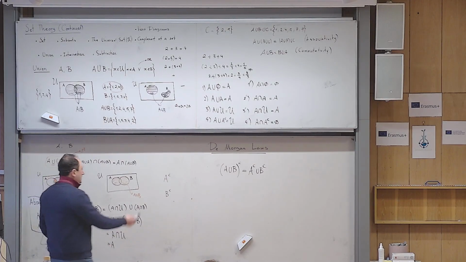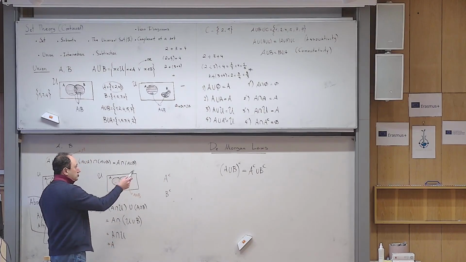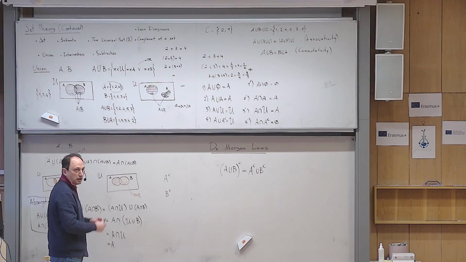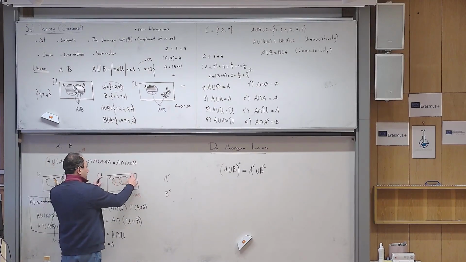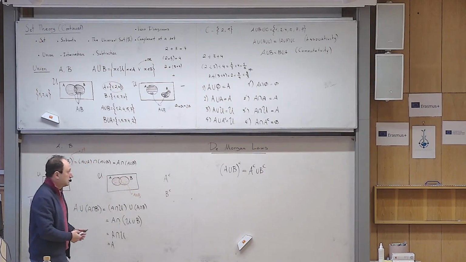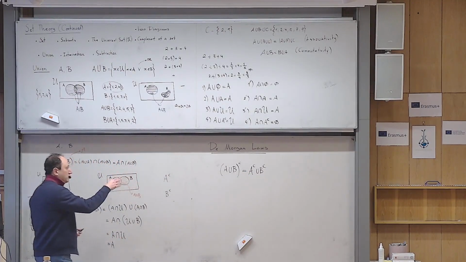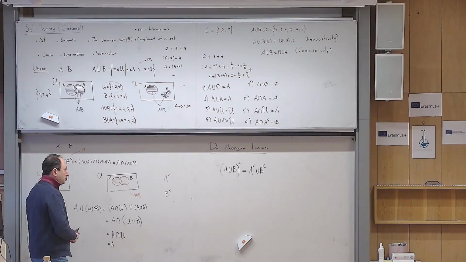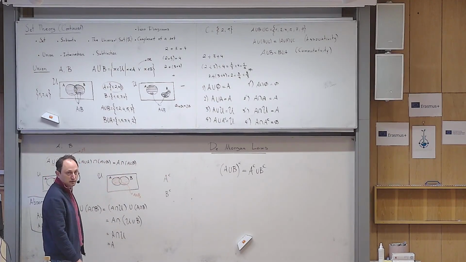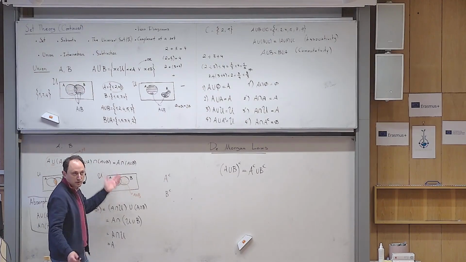Because when I say A union B, this is the orange part. When I want to complement the orange part, I have to be outside the orange part. So it means everything within the rectangle, but outside the orange part. But when I say A complement, even if I don't care about B complement, A complement means outside A. When I say outside A, it will also include this part, which is not correct.